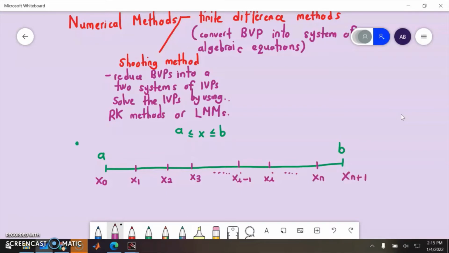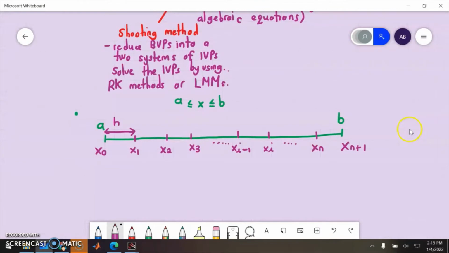Now, this step length here is my h. You can determine h by using this formula: h = (b - a)/n. What is n? n is the number of intervals that you divided. So what we do here is divide the interval AB into a number of equal subintervals. All these lengths should be equal.